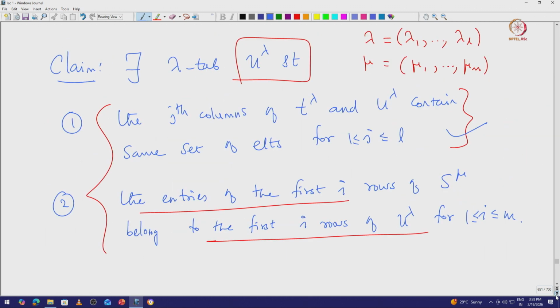We constructed this u lambda satisfying that the jth columns of T lambda and u lambda contain the same set of elements for each j, and the entries of the first I rows of S mu belong to the first I rows of u lambda. So, this is how we actually constructed this u lambda.